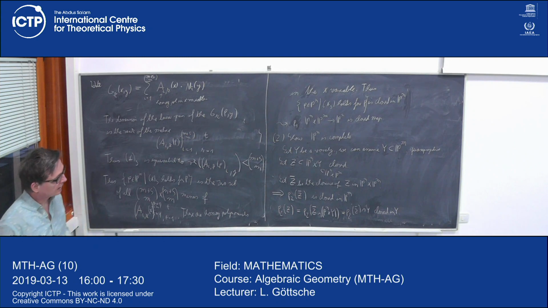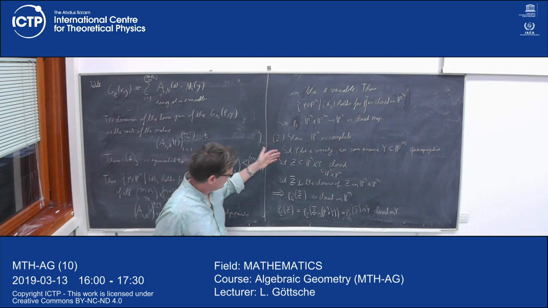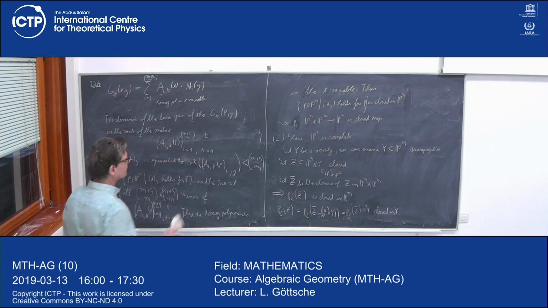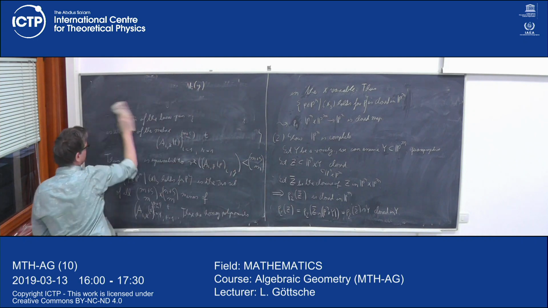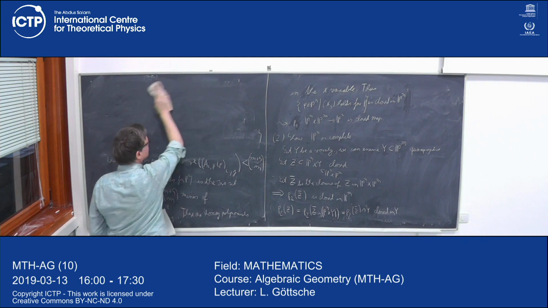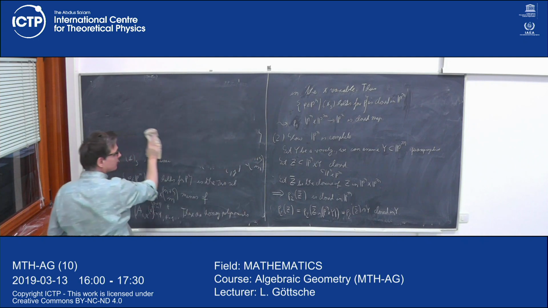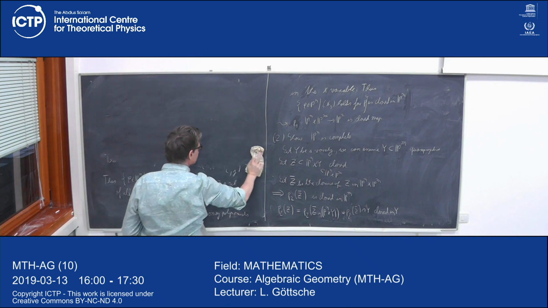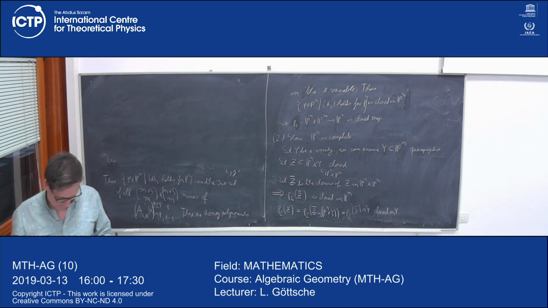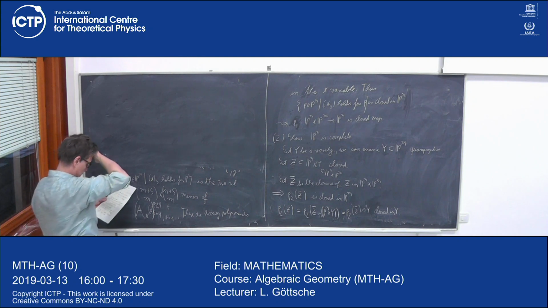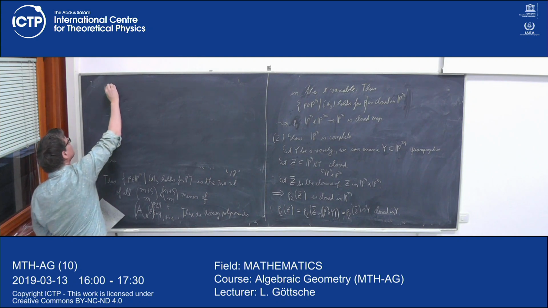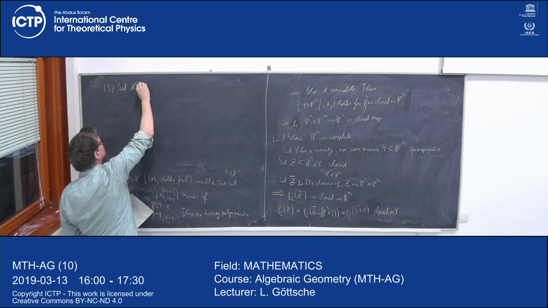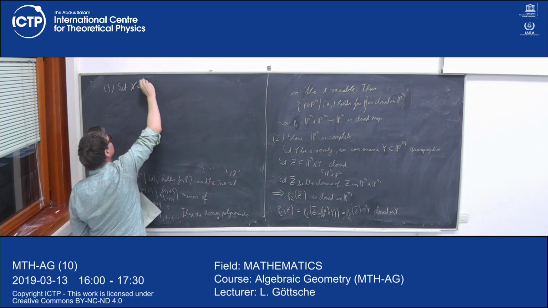So here was no actual argument, just some kind of simple tricks. Now even simpler tricks show that every projective variety is complete. So finally, let X, say in Pn, be a projective variety.